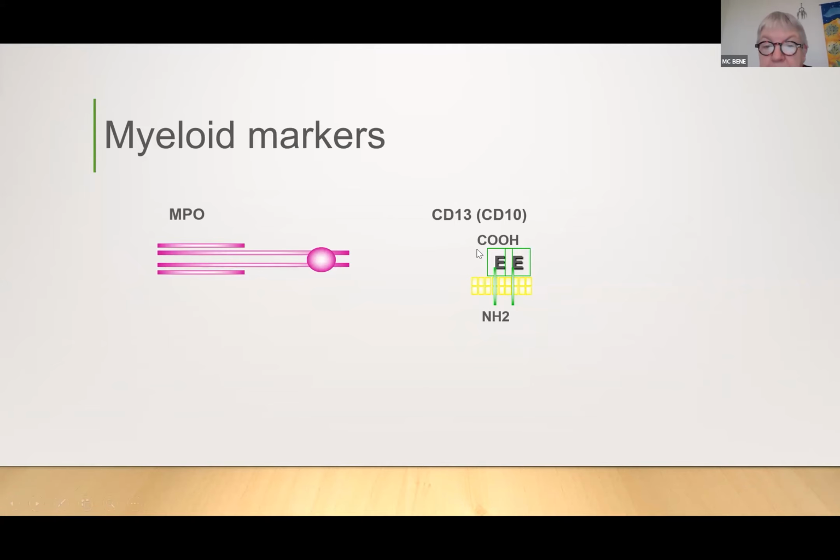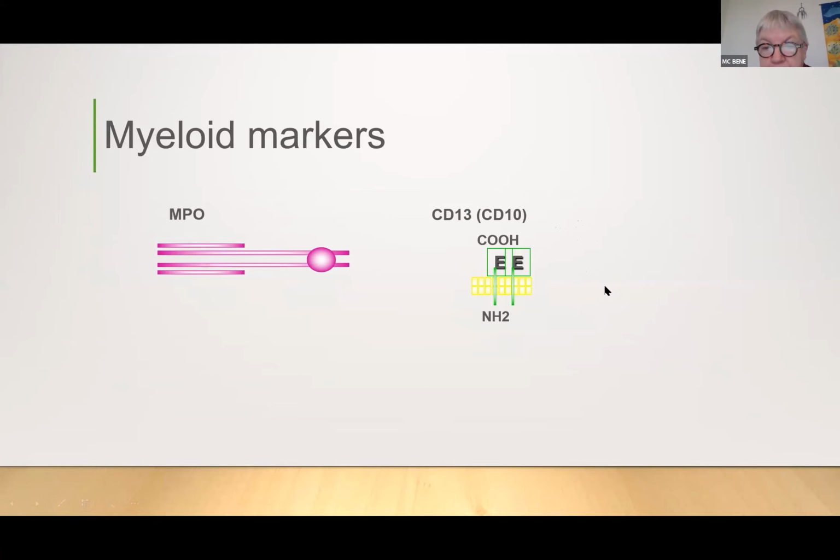And you also have it in the enterocytes in your gut. And these molecules in your gut are cutting off 2 amino acids at the end of any protein or peptide. And in fact, it's very useful for you to absorb the amino acids when you eat some protein food. So it would be very dangerous to give antibody therapy with anti-CD13 or anti-CD10 because of this physiologic expression of these molecules. Excuse me.